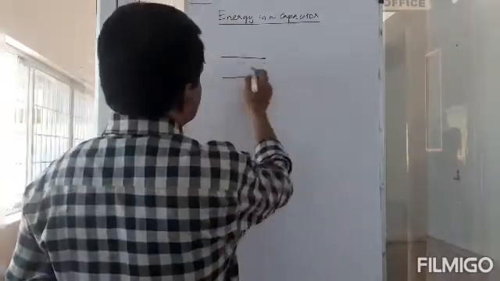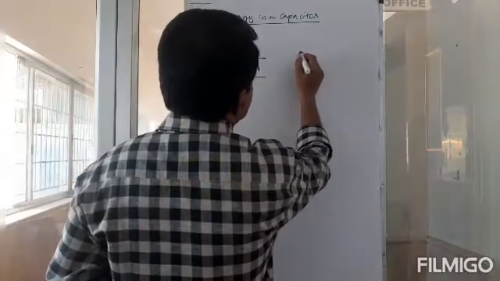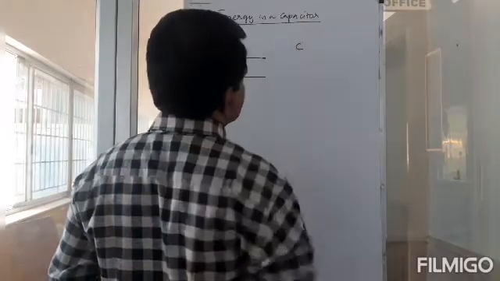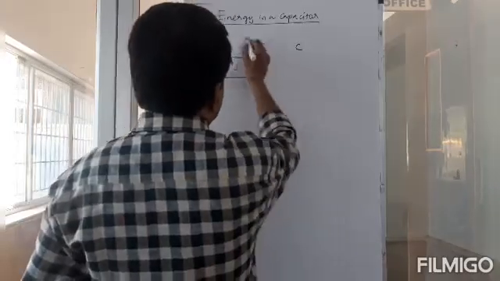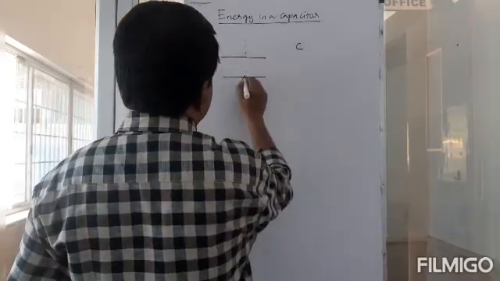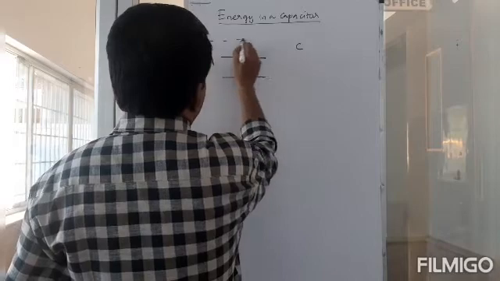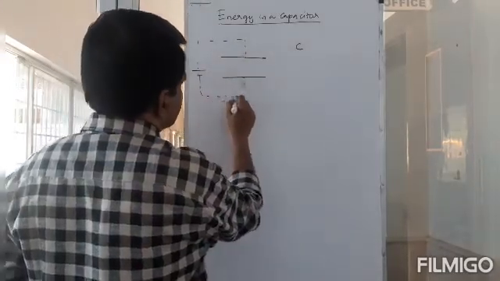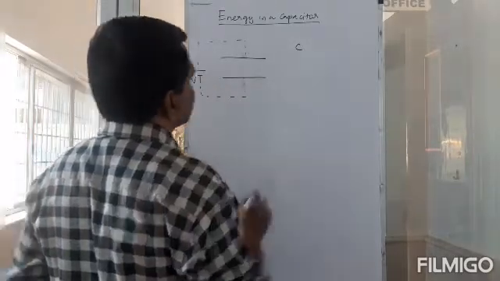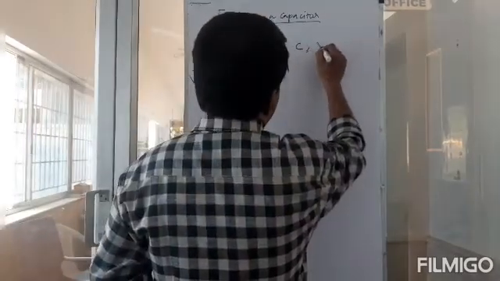This capacitor has capacitance C. And then the capacitor also is going to be connected to a battery of potential difference V. So, you have C, V.